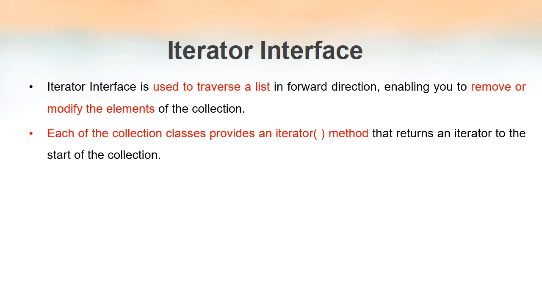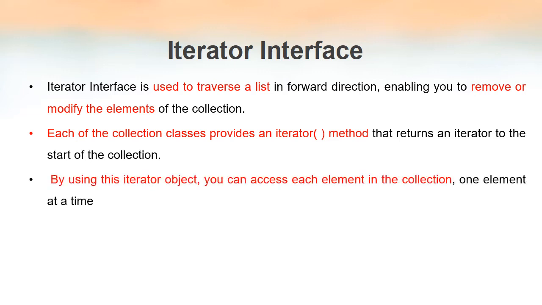So iterator is the method that is available inside all collections, and this method returns an iterator object. By using that object, we can traverse the list, access each element inside the collection, and so on.